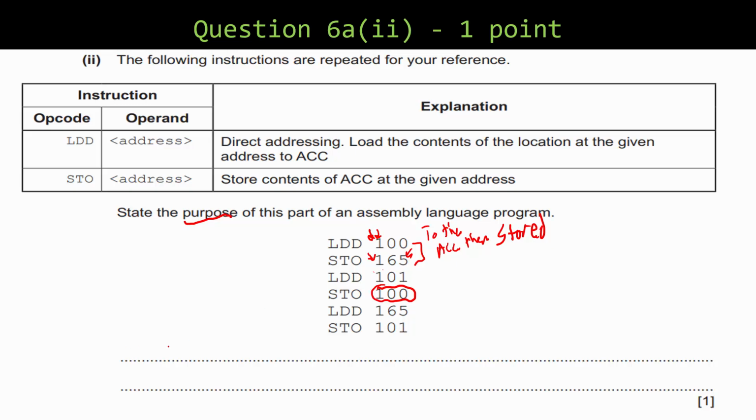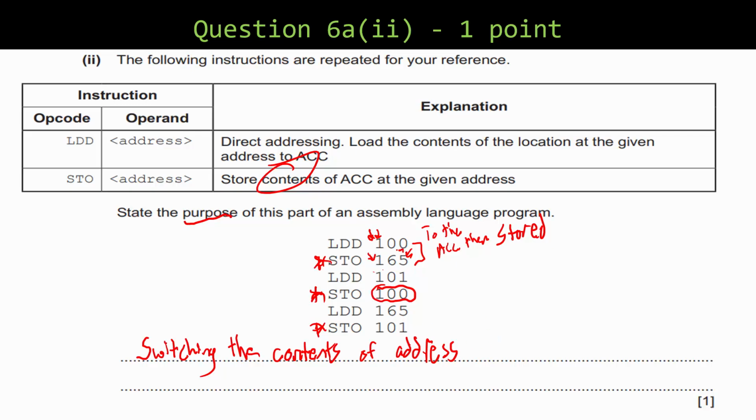So what this is doing is it is switching the contents, or the data. I'm going to use contents because that's what they used here. Switching the contents of address, and that's these 3 lines right here. How I know that is 100 and 101.